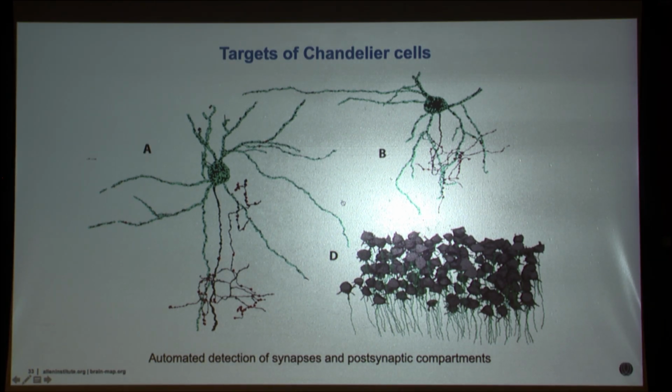They send out axons that terminate not on a dendrite, but on the very beginning of an axon of an excitatory cell. And they typically terminate in a series of synapses, all up in a row. Looks like a candle. So the whole thing looks like a chandelier with these little candles pointing up.